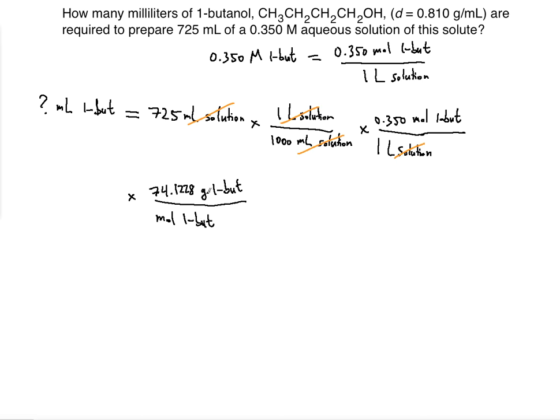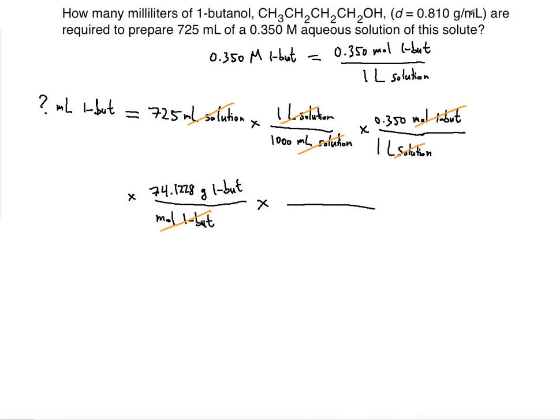So as you can see, you get grams per mole exactly, and that's exactly what 1 mole of this weighs, 74.1228 grams. So you successfully got rid of this. So now grams of butanol. One more conversion and you're done.